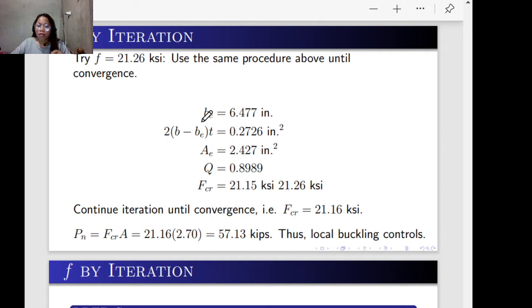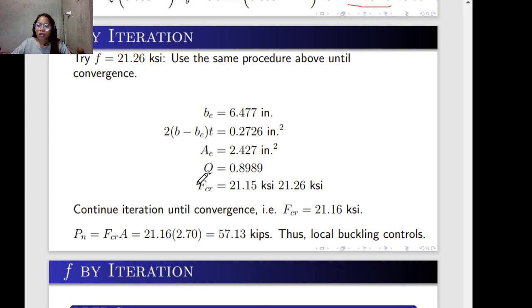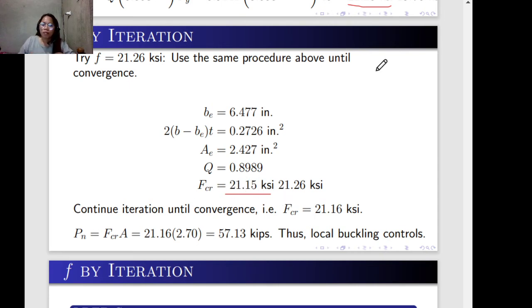Then the total loss in area, 0.2726. Then the effective area is 2.427. Then Q is the effective area divided by the gross area, 0.8. So that FCR is 21.15. Then comparing with 21.26, it is close. Then use it again as f.